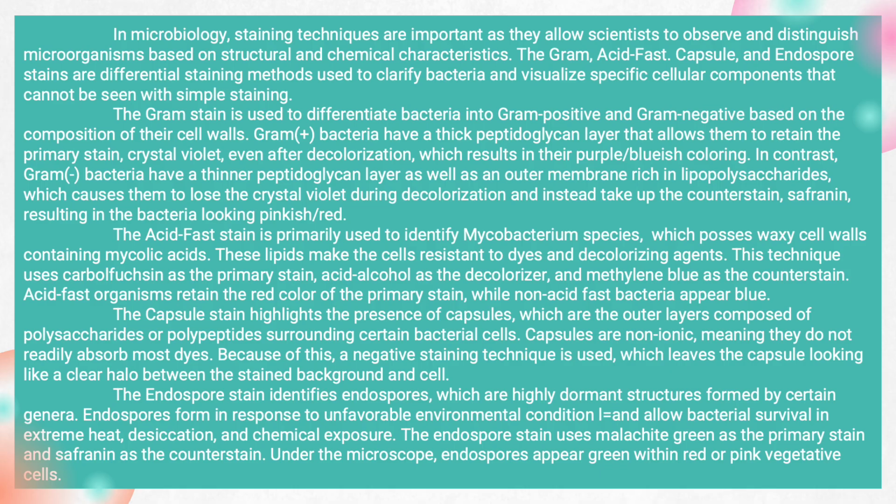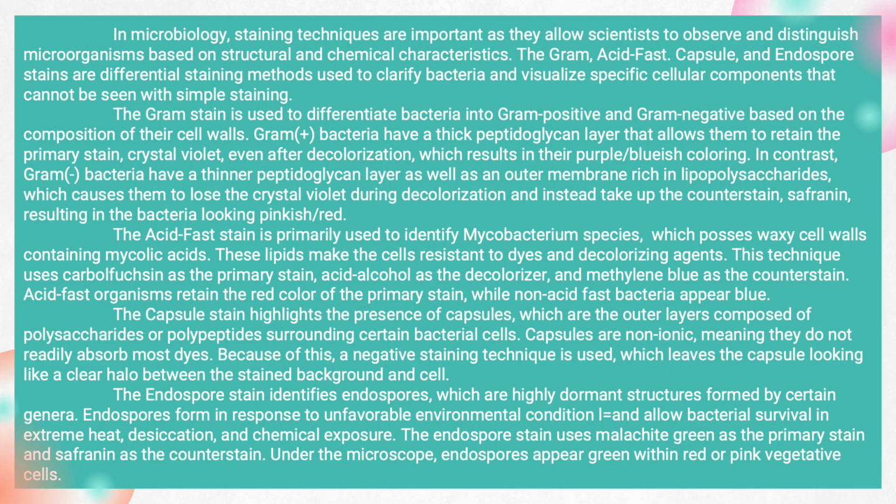These lipids make the cell walls resistant to dyes and decolorizing agents. This technique uses carbolfuchsin as the primary stain, acid alcohol as the decolorizer, and methylene blue as a counterstain. Acid-fast organisms retain the red color of the primary stain, while non-acid-fast bacteria appear blue.